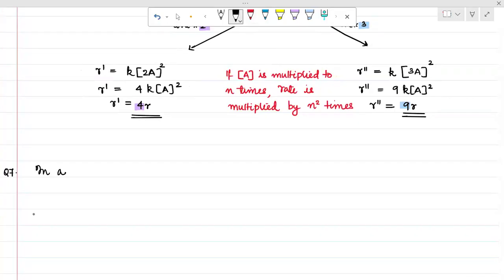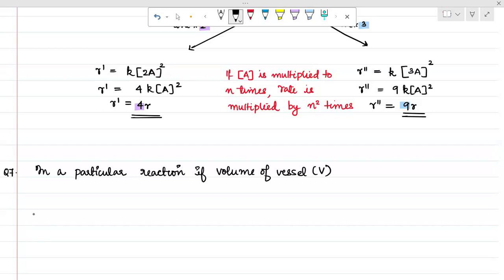In a particular reaction, if the volume of the vessel V is decreased to 1/3 and the rate is increased 9 times, what is the order?